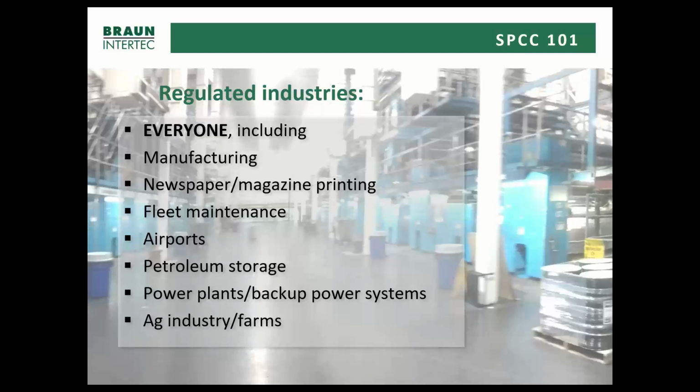Those generators often house belly tanks with thousands of gallons of fuel in them. And then even the ag industry and farms are no longer exempt from having SPCC rules.